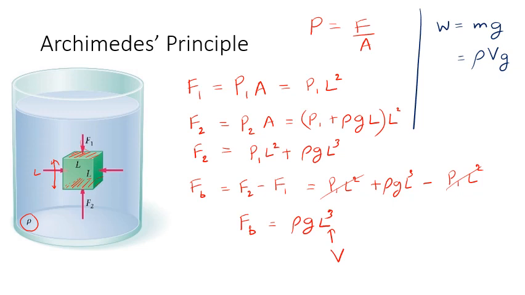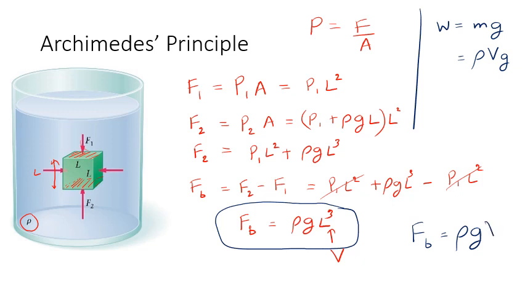We have the same expression over here: the buoyancy force equals rho G and also volume. Instead of volume here we have L cubed, which is again volume. So the buoyancy force equals rho, the density of the liquid, times the gravitational acceleration constant, times volume. This is the Archimedes principle.